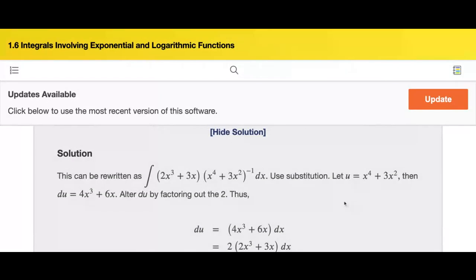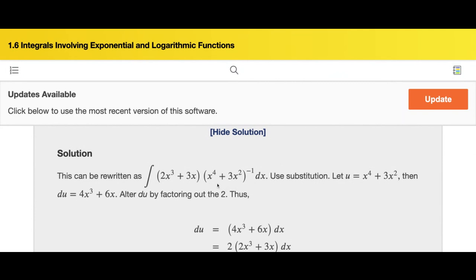Does anyone have any questions? We have 1 over x, but this x has a derivative, so by the chain rule it's like a big X. This big X is x raised to the 4th plus 3x squared.